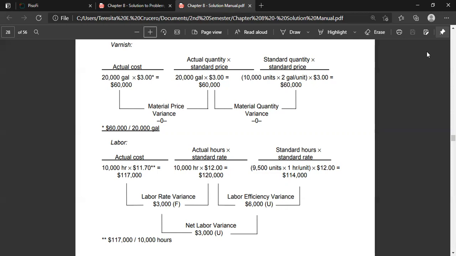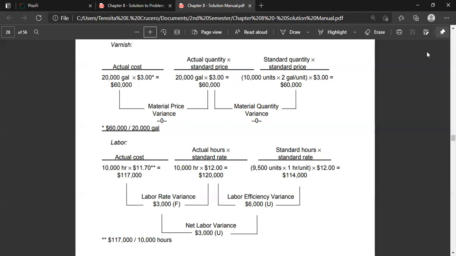Actual hours multiplied by standard rate of 12, so you get 120,000. For the standard hours multiplied by the standard rate, we have 9,500 units multiplied by 1 hour per unit. So we multiply by 12, so $12 good for 1 unit. 1 unit needs 1 hour at 12, so we get 114,000.